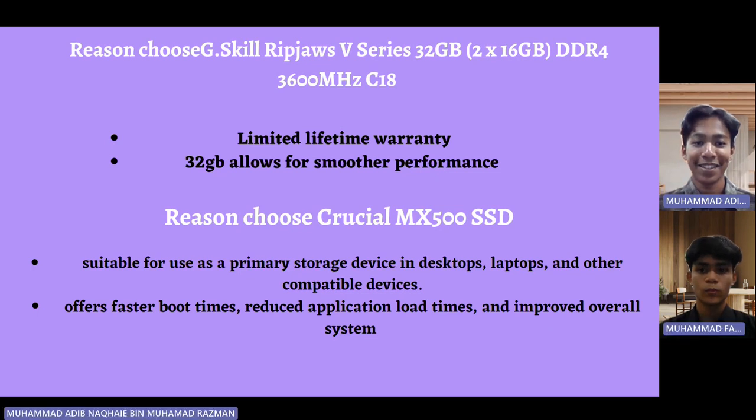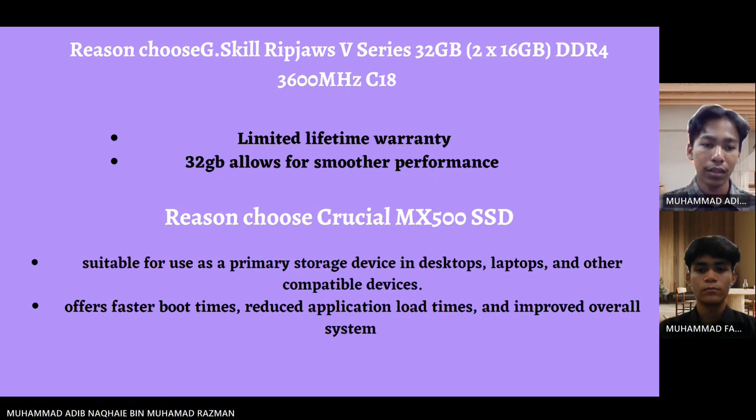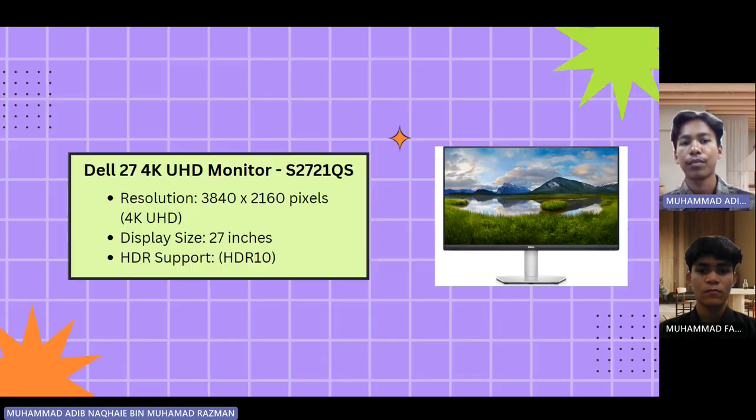And the next is 32GB gives a lot more performance. And the reason why we choose storage SSD Crucial MX500 is because it is suitable for use as a primary storage device in desktops, laptops, and other compatible devices. And it also offers faster boot time, reduced application load time, and improved overall system performance.